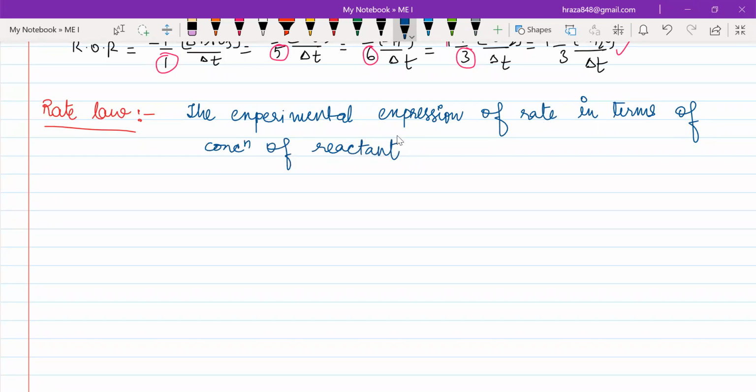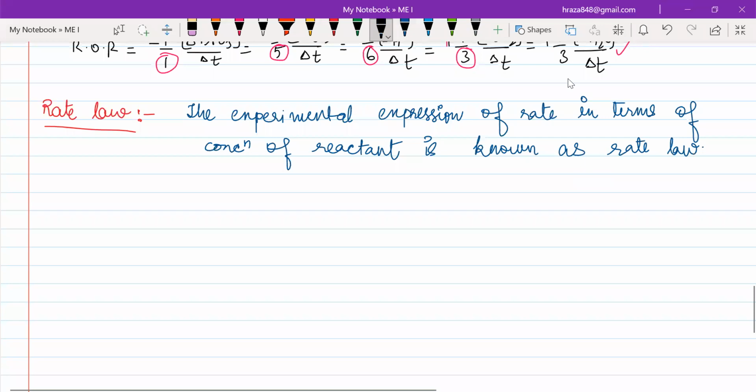First of all, this rate law only deals with the concentration of reactant, not the product. This is known as a rate law. And the expression from this is called a rate law expression.